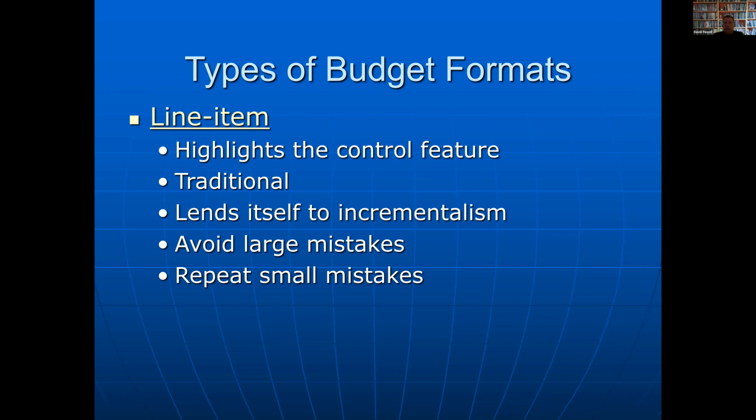So line item budgeting is pretty much universal at the local and oftentimes also the state level of government as well. So that's kind of your default. When you're looking at your city budget, chances are it's going to, if not be completely line item, at least have a pretty heavy line item component to it. But it's a very limited type of budgeting, only allows us to control our expenditures in a very incremental type of decision-making process.